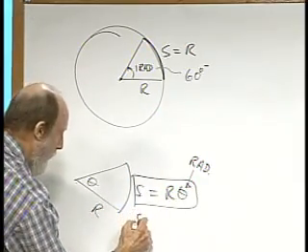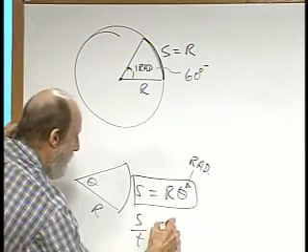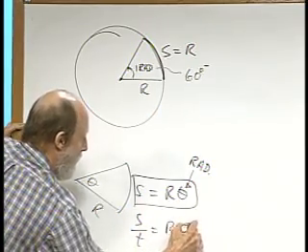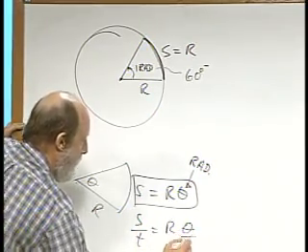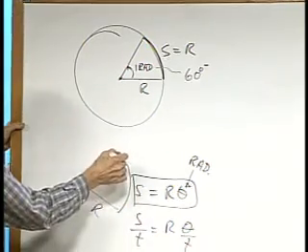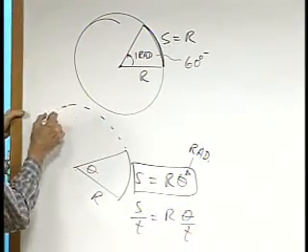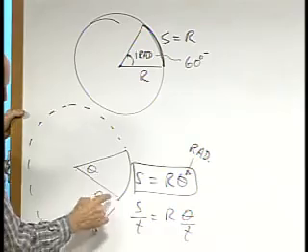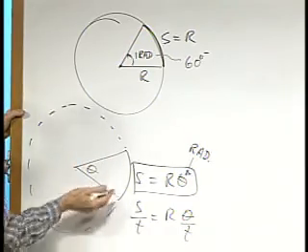Now, if you take that expression and divide by time, holding the radius constant, the object is moving on a circular path with the radius as a constant.